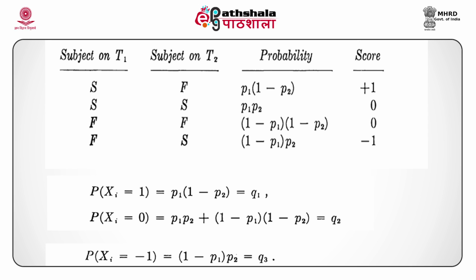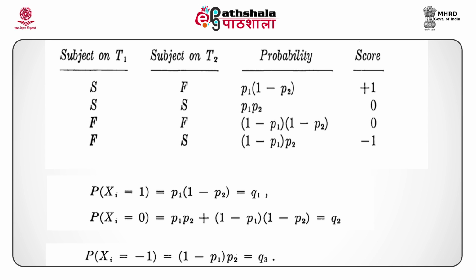Similarly, the probability of 2 successes is given by P1 P2. The probability of 2 failures is given by (1 minus P1) times (1 minus P2), and the probability of failure on T1 and success on T2 is given by (1 minus P1) times P2.